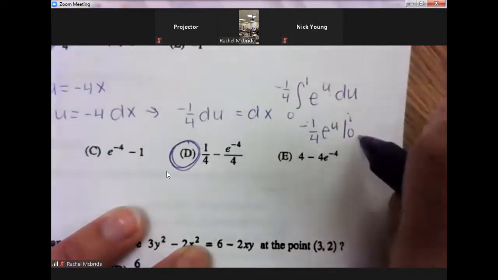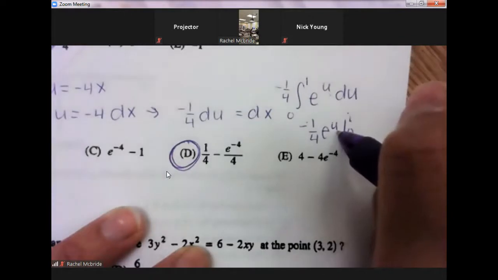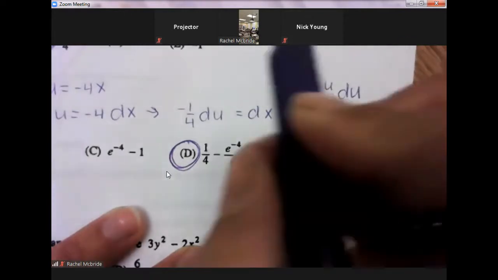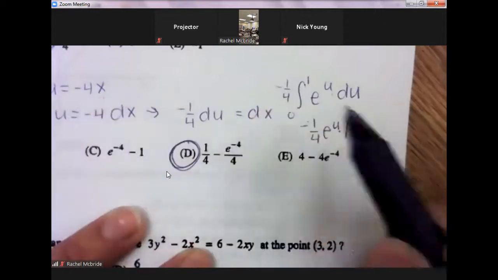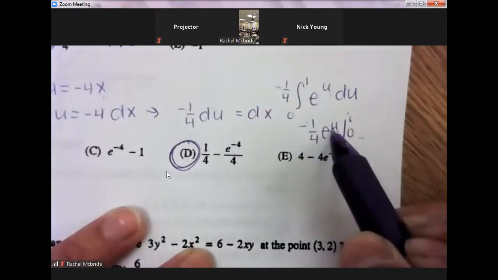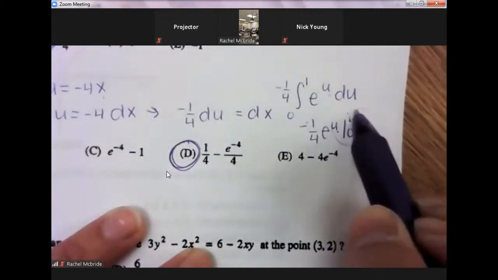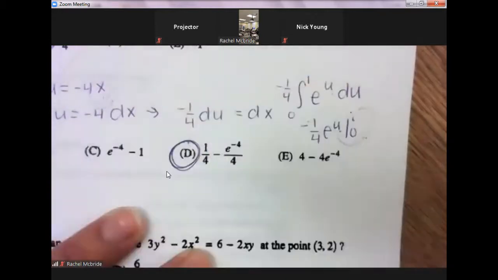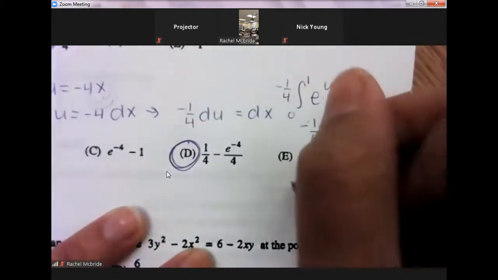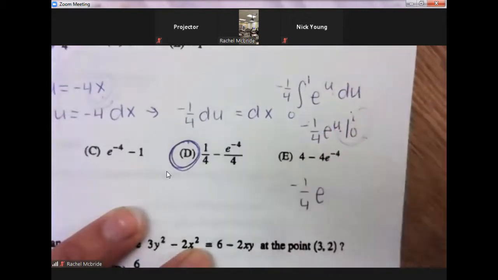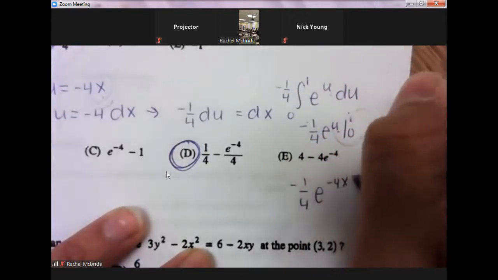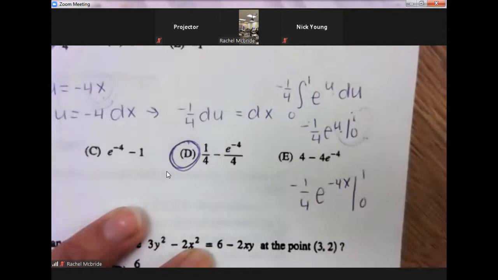But I can't plug in my 1 and 0 right now unless I either change the 1 and 0 to meet the values of u, or I have to plug my x's back in because these bounds are with respect to x right now. So I'm either going to plug into -1/4 e to the -4x with 1 and 0, or I had to change my bounds.